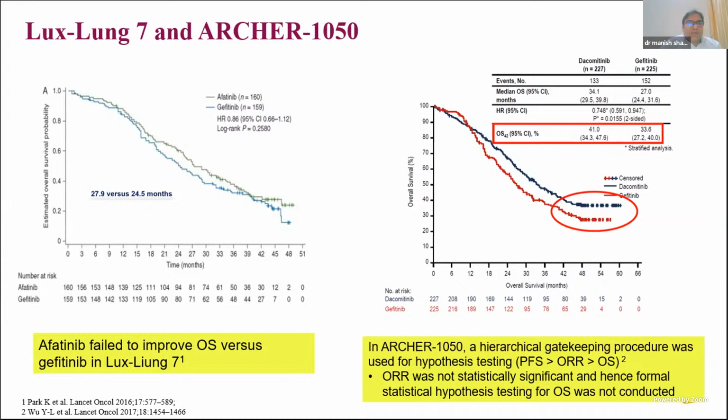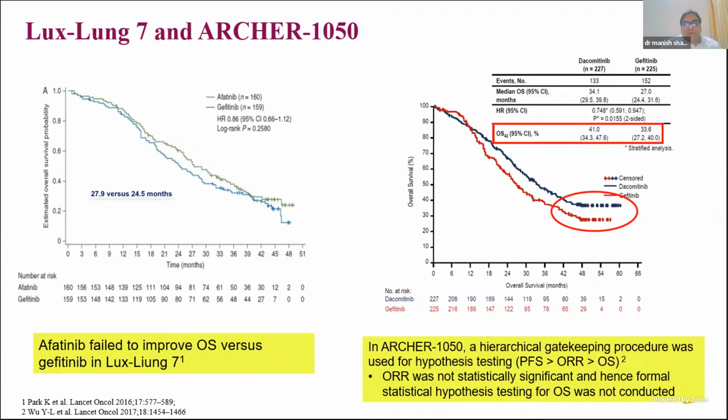LUX-Lung 7 and ARCHER 1050, if we keep them side by side: afatinib failed to improve overall survival versus gefitinib in the LUX-Lung 7 trial. Similarly, in ARCHER 1050, the overall response rates were not statistically significant, and hence the formal statistical hypothesis for OS was not conducted, because a hierarchical gatekeeper procedure was planned for the hypothesis testing.